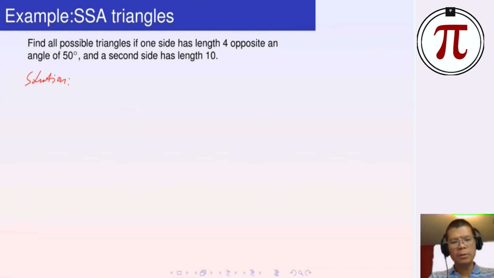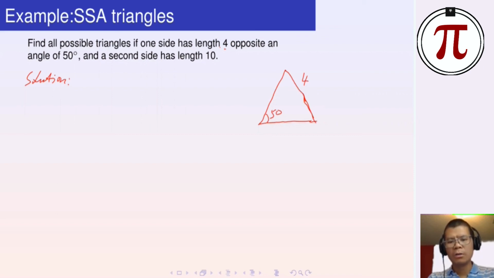It is known that one side 4 is opposite an angle of 50 degrees. So this is a 50. The opposite side is 4, and the second side is 10.